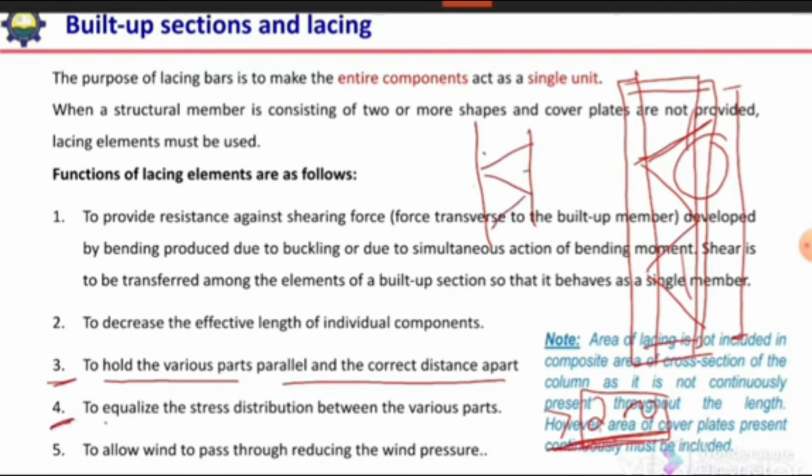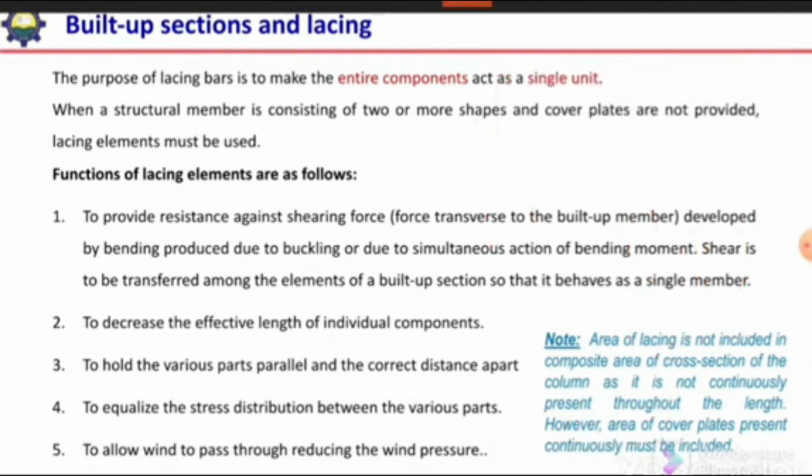The next function is to equalize the stress distribution between the various parts. For example, we have a box section made up of angles, and if the load is acting near this corner, this angle will be stressed more than the other members of the built-up member.